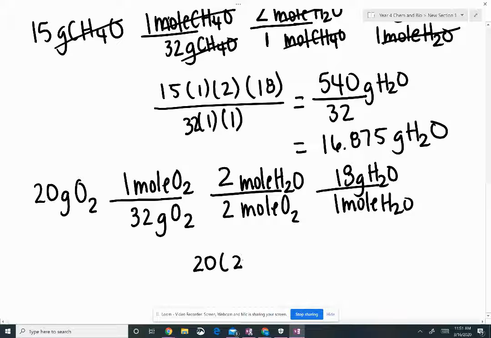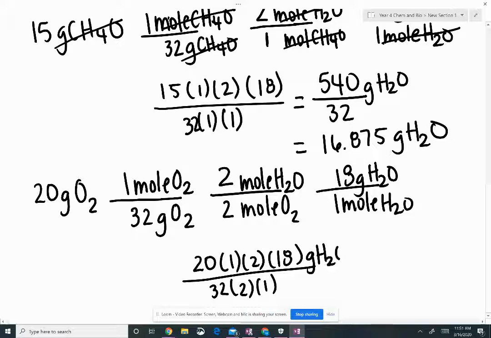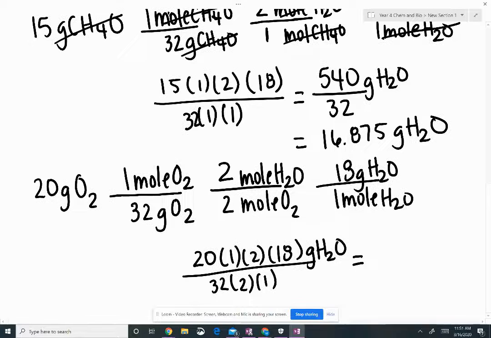So 20 times 1 times 2, times 1 times 2 times 18, over 32 times 2 times 1, and this will be grams of H2O, and this will be 1 mole. Oh, no, that does not have a unit. Just kidding. And then I'm going to multiply those things.